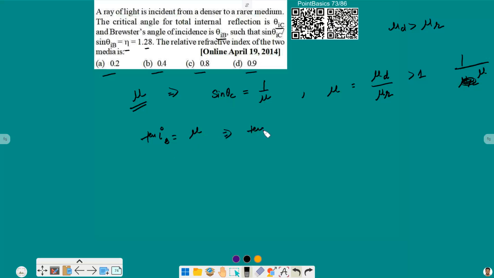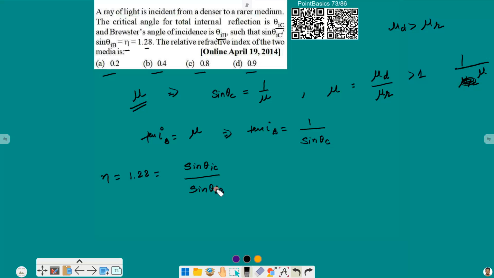So from this, tangent of IB is equal to 1 by sine of theta c. Now we have been given another relation, that eta, that is 1.28, is equal to sine of theta IC divided by sine of theta IB.